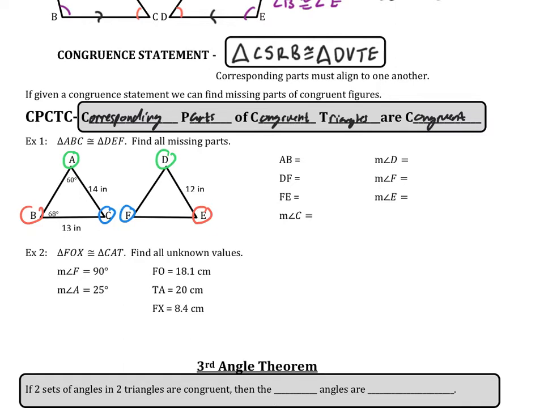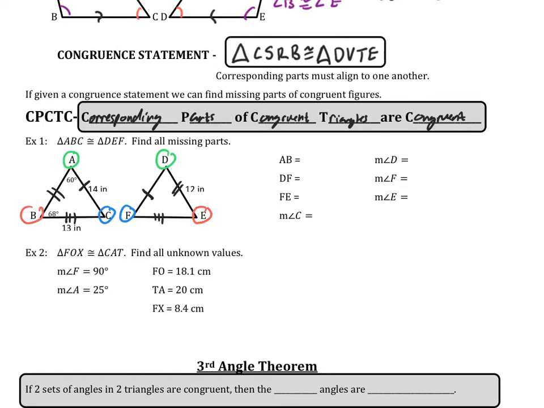So AC is going to be congruent to DF, from green to blue and then green to blue again, which means AB, green to red, is going to be congruent to DE, green to red. And then BC, red to blue, is going to be congruent to EF, red to blue.